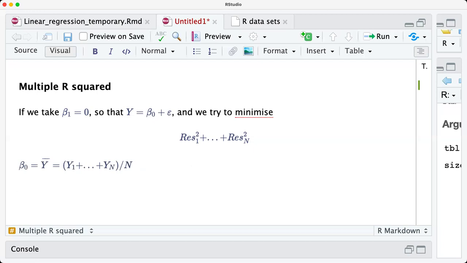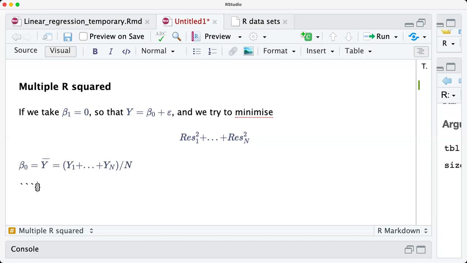Apart from this fact, you will obtain a minimal residual.